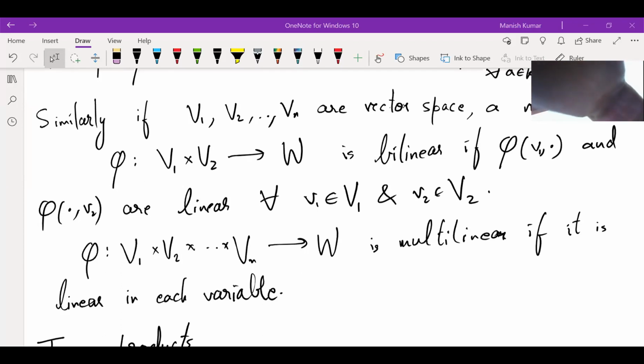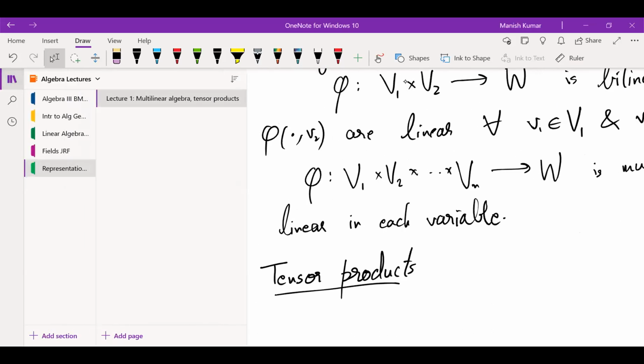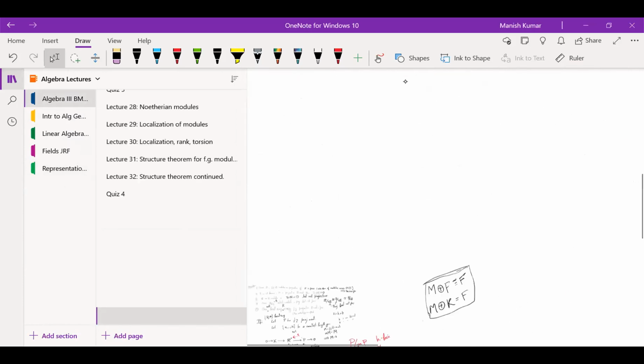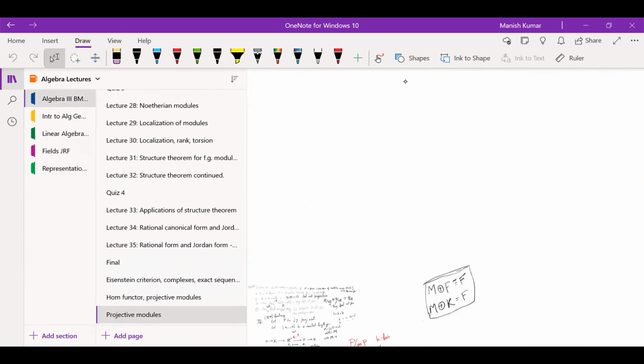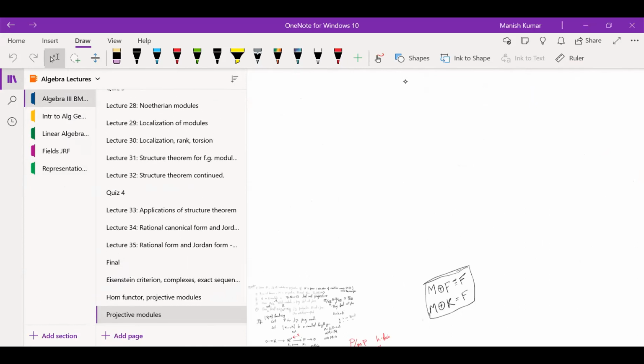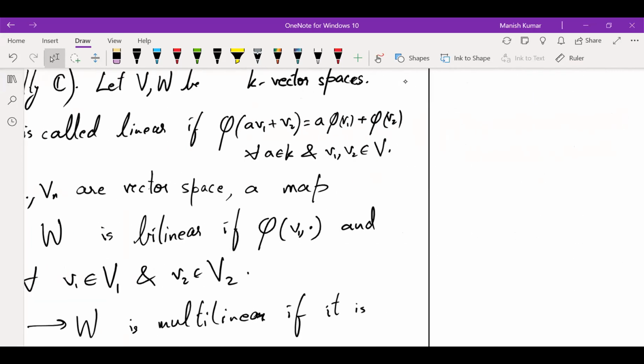The advantage of online teaching is I can go back. Linear maps, yes, I haven't done the tensor product. So maybe I'll do some tensor product.